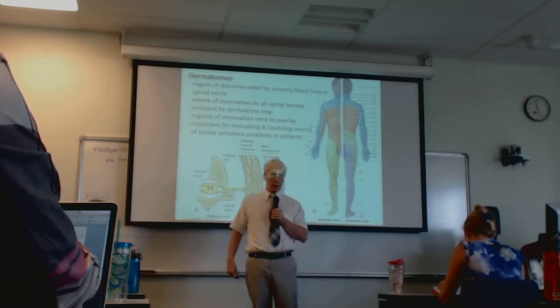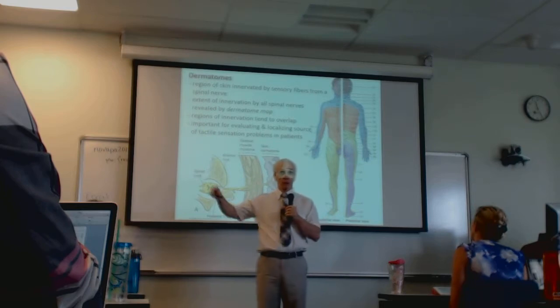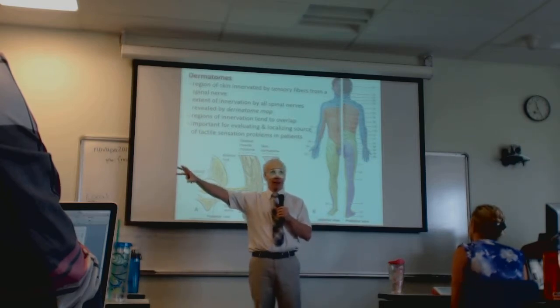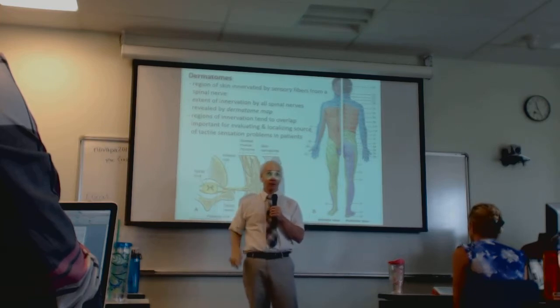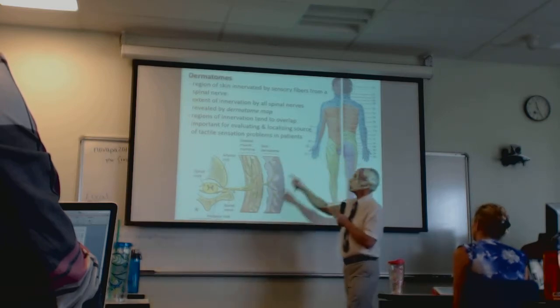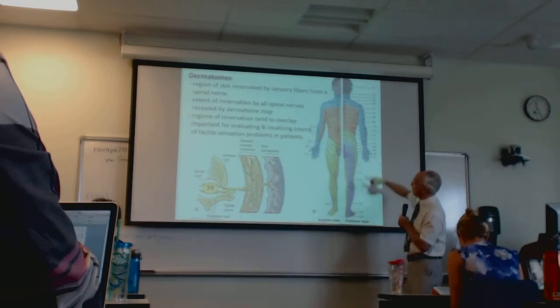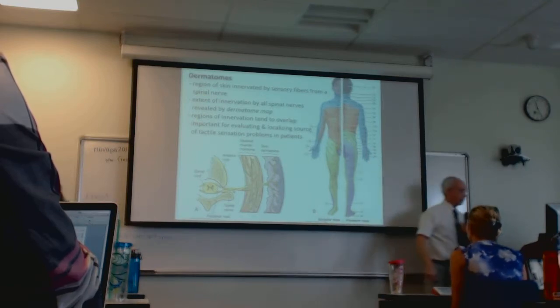Remember? 8 pairs, right? So at each one of those 8 pairs, each one of those levels, there's going to be the input, the sensory signals coming from a specific region of the body. The specific region of the body that's associated with each dorsal root is called a dermatome. Dermatome, and you can see them broken down in the figure over here on the right.